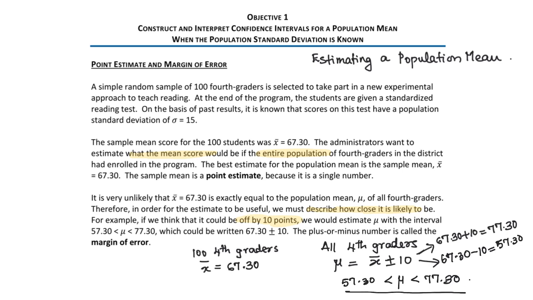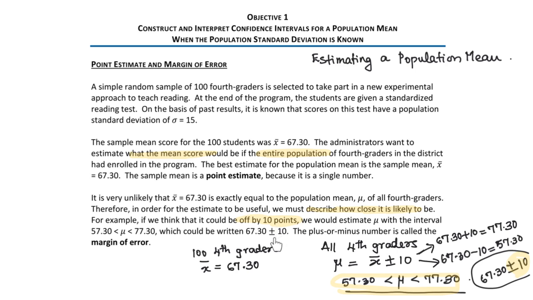Or we can write it in short form like 67.30 plus or minus 10. So this is the interval, and this plus or minus 10, this number, is called the margin of error. So right now you learned new terms like point estimate and margin of error, and you learned the meaning of plus or minus.